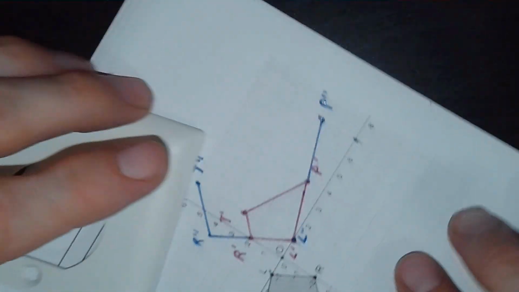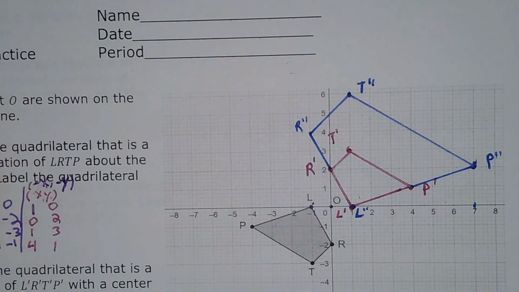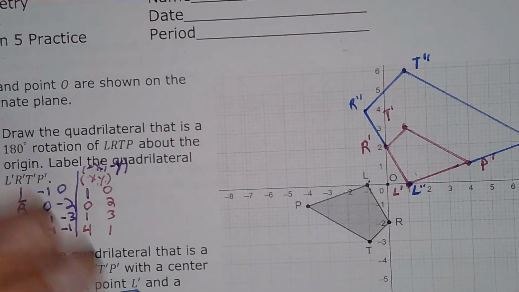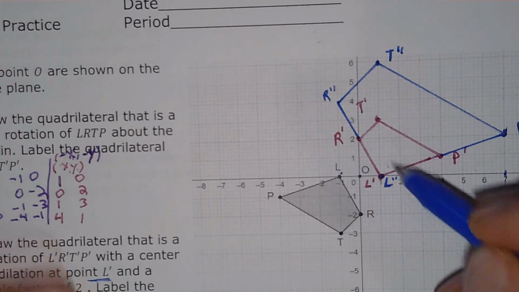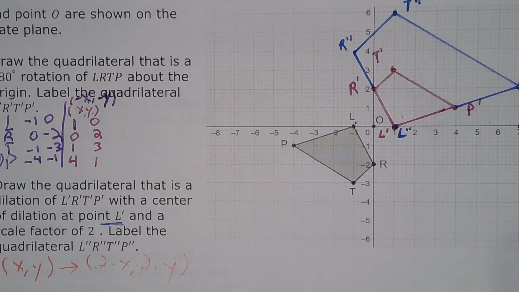And then I'll connect these 2 lines here. And there we go. That is my new dilated quadrilateral after it's all said and done. Right?